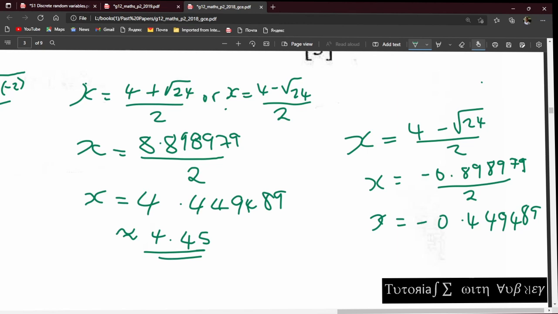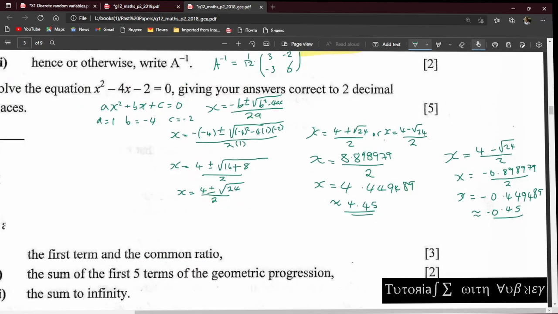Okay, and now you can round off negative 0.45. Again, because there is a number greater than 5 there. So that is how you approach that question. So that is how you solve quadratic equations.